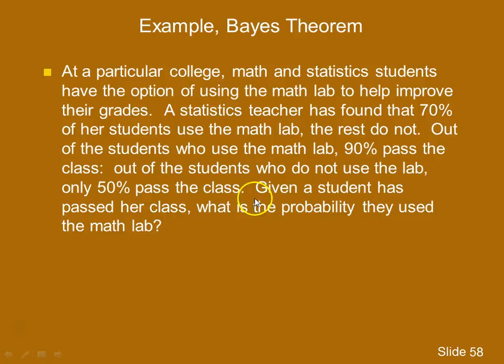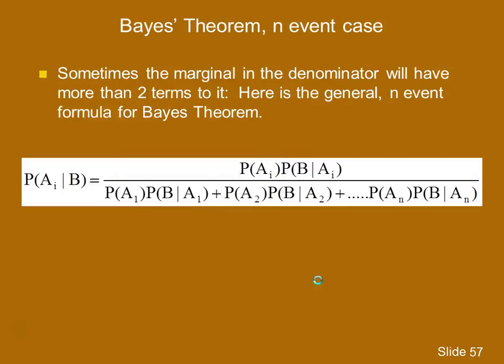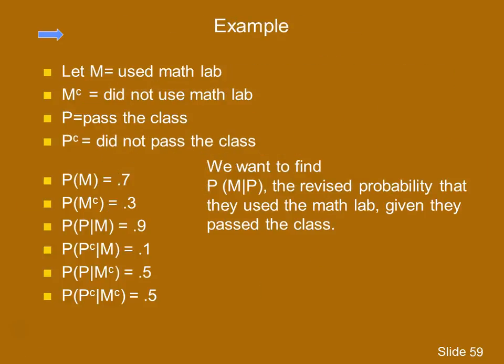Similarly, out of the students who do not use the lab, only 50% pass the class. Again, that's a conditional. If they don't use the lab, the chance of passing is a half. And we have that right down there. Out of the students who do not use the math lab, the probability of passing is only 0.5. The complement to that will also be 0.5, P complement given M complement.